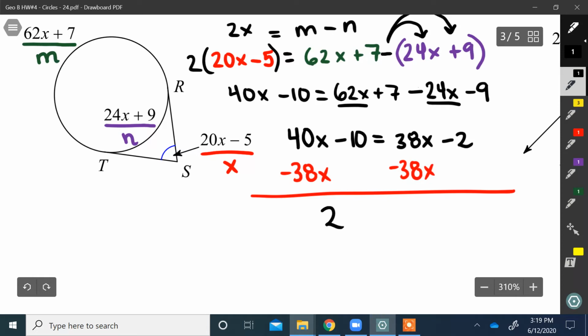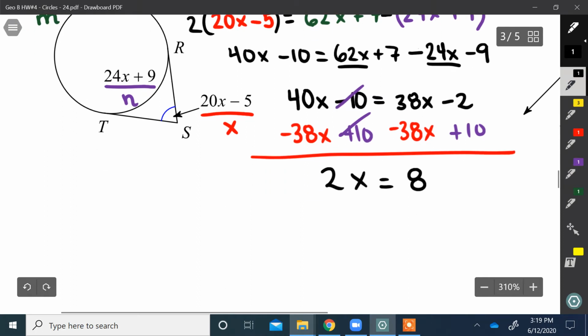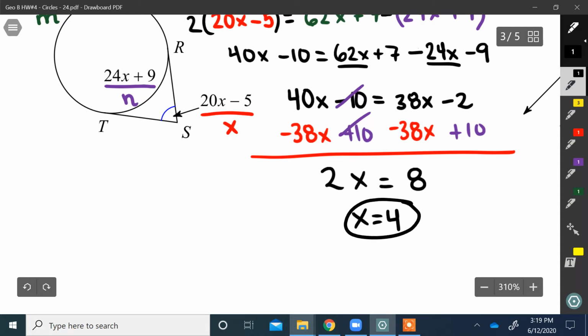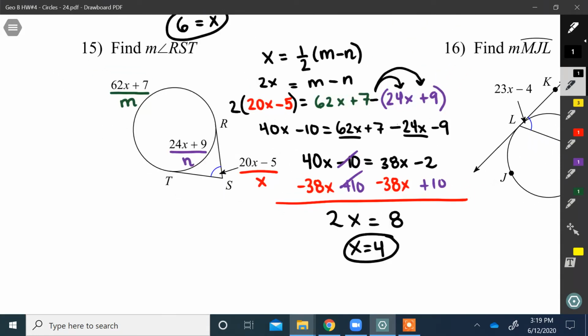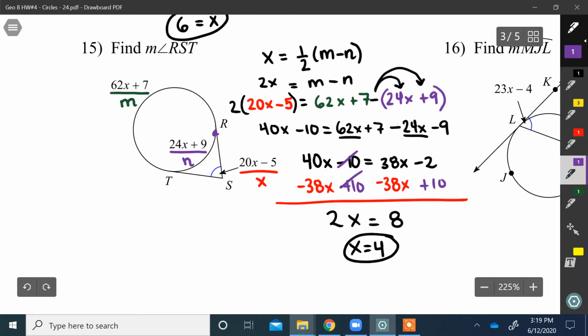And you're going to get 2x is equal to, we're going to add 10 on both sides so that this and this cancels. You're going to get 8 right there. That means that x is equal to 4. But of course, guys, that is not what we're looking for. We're looking for RST, the measurement of the angle RST.